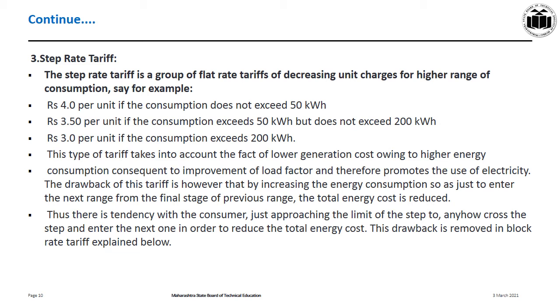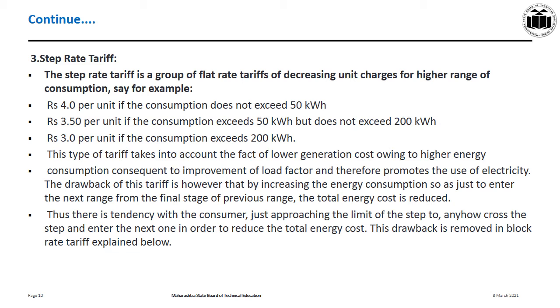If the consumption exceeds 50 kWh but doesn't exceed 200 kWh, the charge is 3.5 rupees per unit. If it goes to the next step, where consumption exceeds 200 kWh, then each unit will be charged 3 rupees. This is known as a step rate tariff.